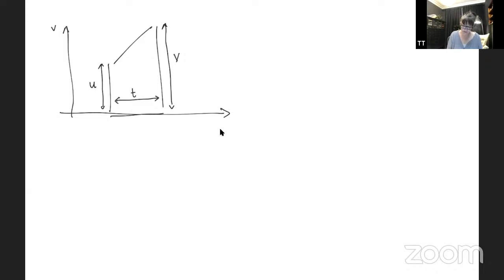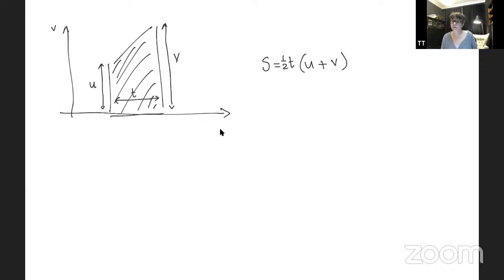This is another velocity, I'll call it v. So this area in here, this displacement in here, is u add v times half of t. Now, do you recognize that equation? Exactly. It's one of your SUVAT ones.